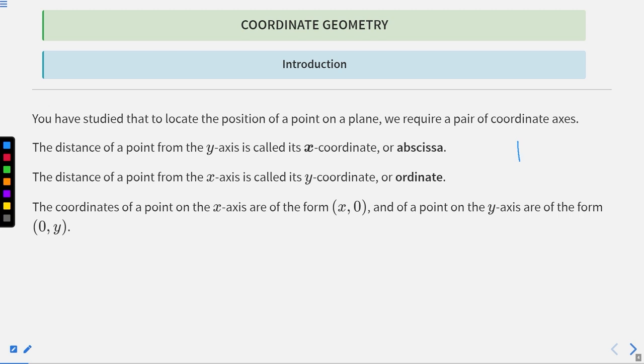You know about the Cartesian plane, which consists of a pair of coordinate axes. So this is the x-axis, this is the y-axis. Here the points on the x-axis are of the form (x, 0), and the points on the y-axis are of the form (0, y).